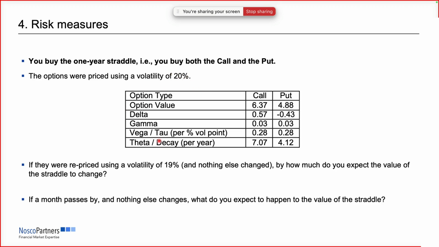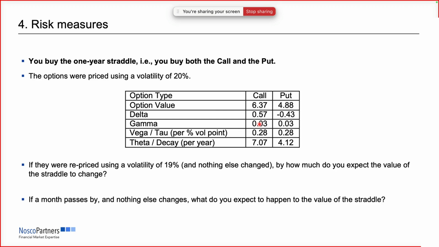And now I put that stuff in my machine. My machine gives a value to the call and the value of the put. Hopefully that's what I have paid for, maybe a little bit less, whatever. And then the machine, and you cannot do this without the machine, you need an option pricing model for that. I calculate the risk measures: delta, gamma, vega, theta.